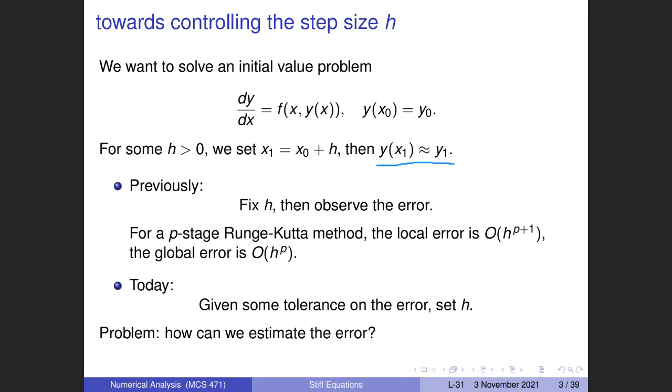We will see that in practice, this is a good rule of thumb. If you use a fourth order Runge-Kutta method with a step size of 10 to the power minus 2, then we may expect 8 decimal places accuracy.